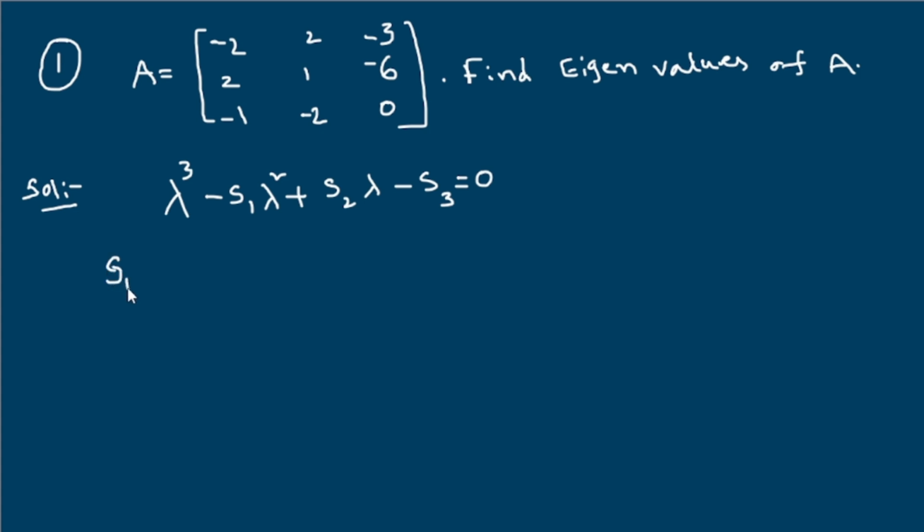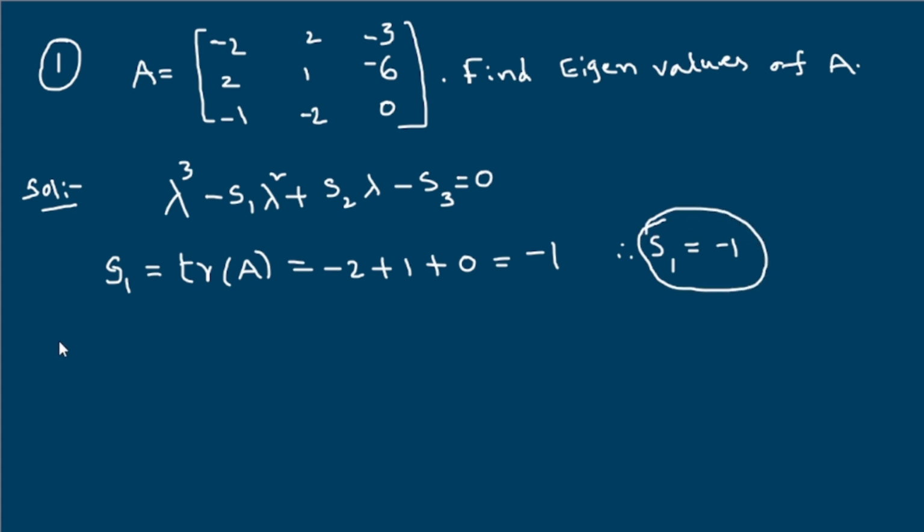S1 is the trace of A, the sum of the principal diagonal elements: minus 2 plus 1 plus 0, which is minus 1. So S1 is minus 1.